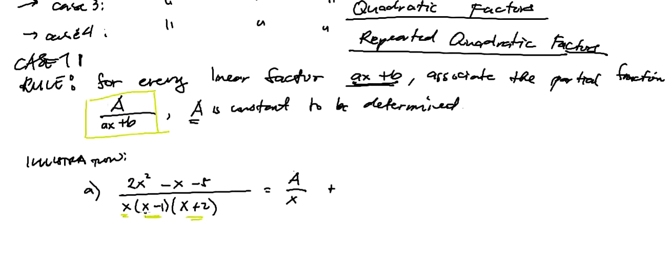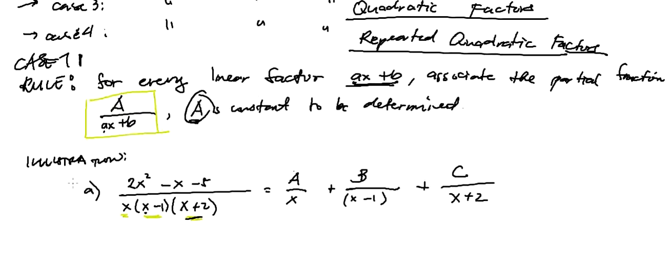Our a once again is 1, then x, and b is negative 1, so plus something over x minus 1. To easily distinguish the numerators, let's use another letter for this constant, say B. Then plus the partial fraction for x plus 2, with the constant letter C.